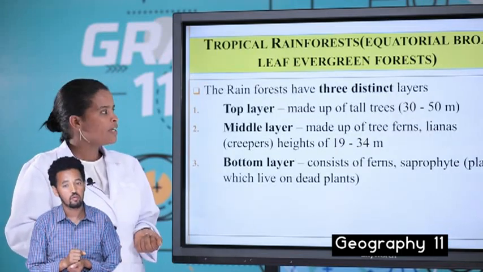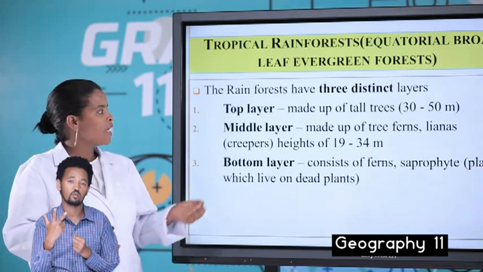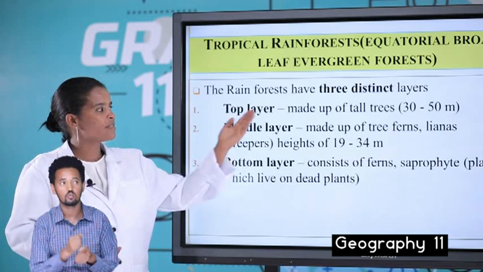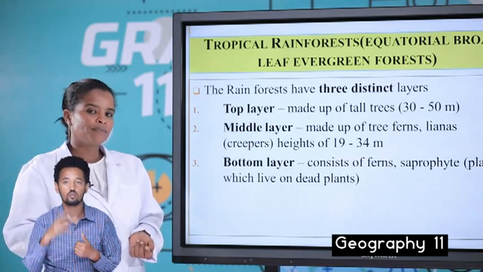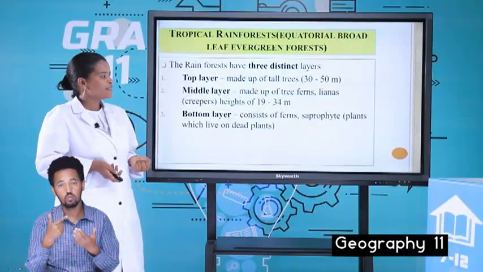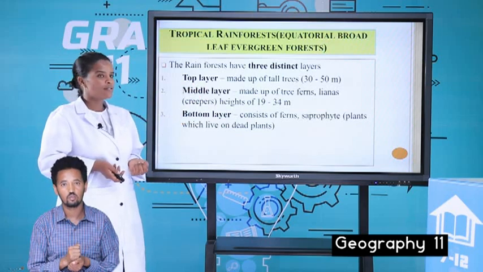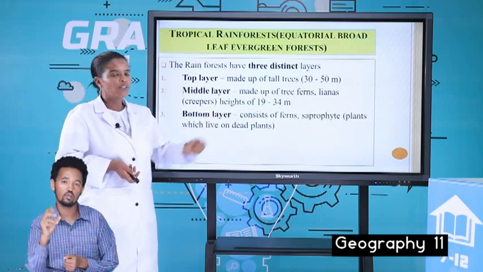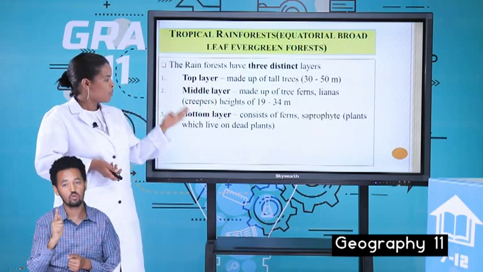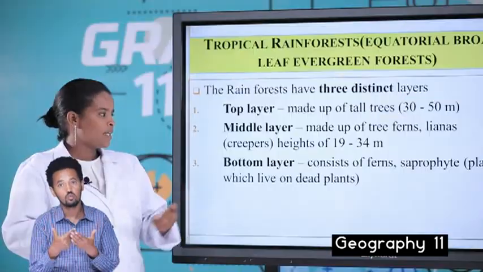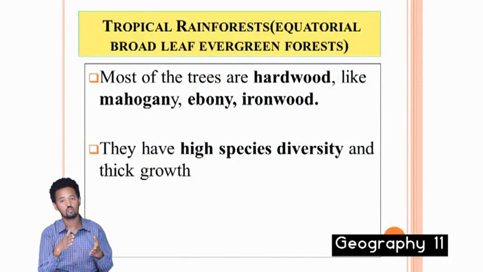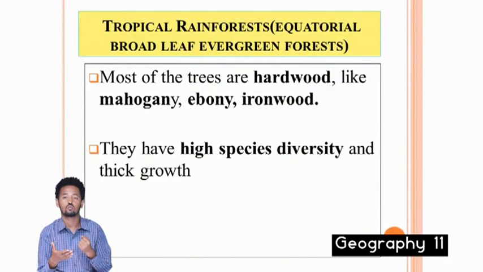The rainforest has 3 layers. These are the top layer made up of tall trees. It has 13 to 50 meters height. And the middle layer made up of tree ferns and lianas, with heights between 19 to 34 meters. The bottom layer consists of ferns and epiphytes, meaning plants which live on other plants. These are grouped under the bottom layer.